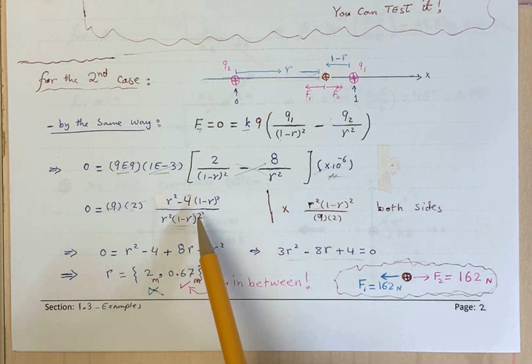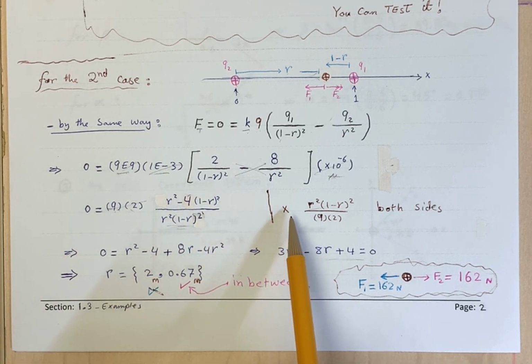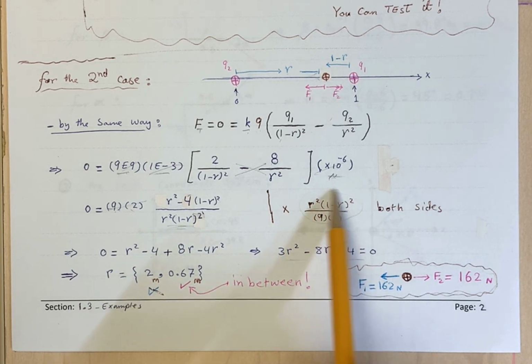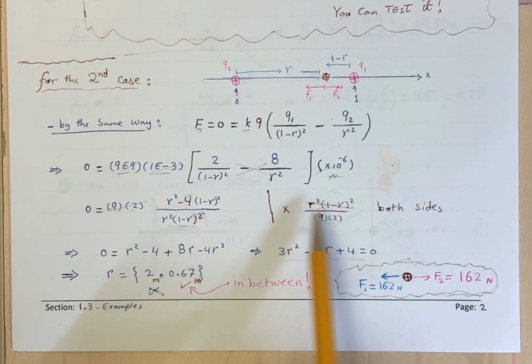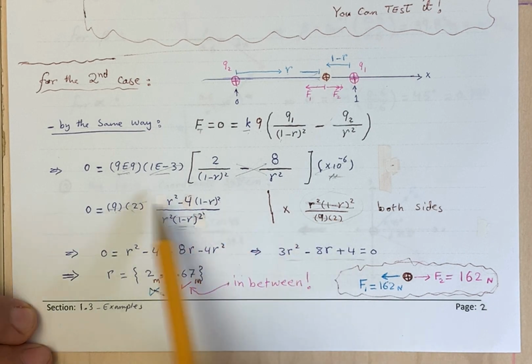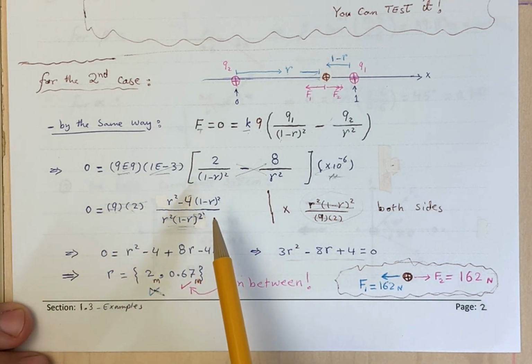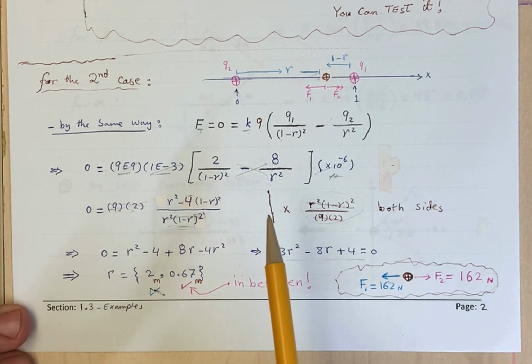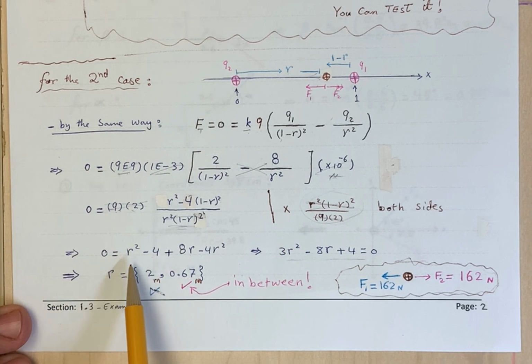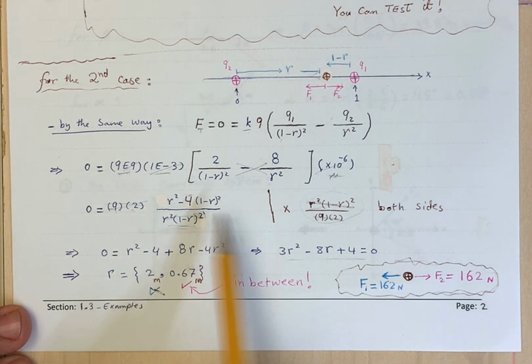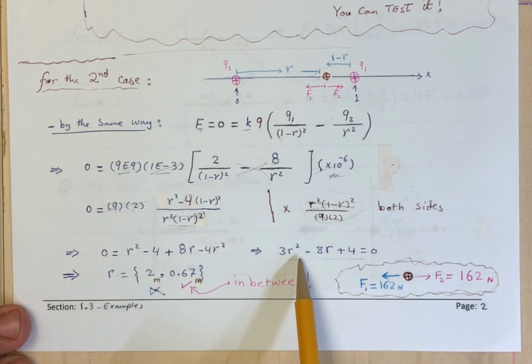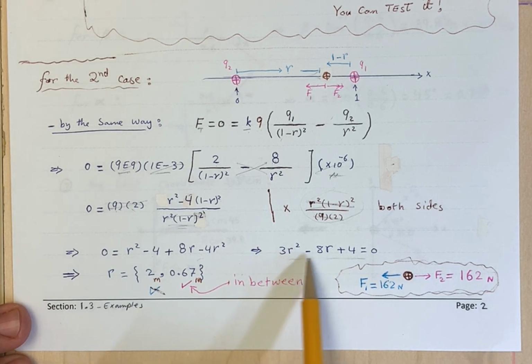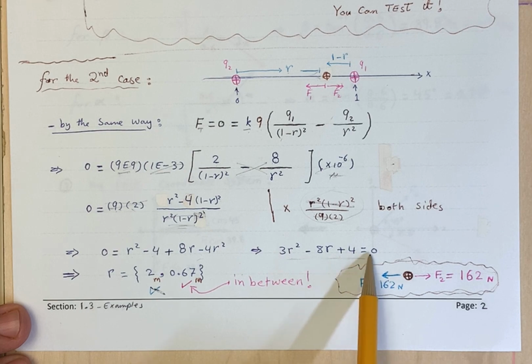Again, to simplify things, both terms I will multiply by this factor. This will cancel this, and the 9s will cancel the 9s here. Finally, I opened the parentheses and reorganized it this way. So I have 3r squared negative 8 plus 4 equals 0.